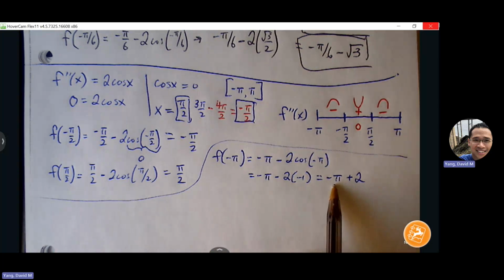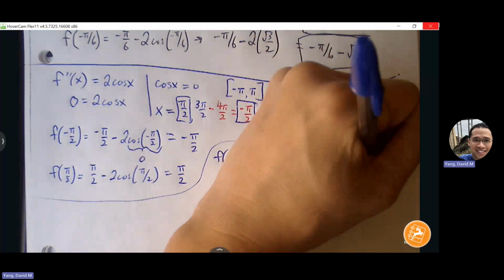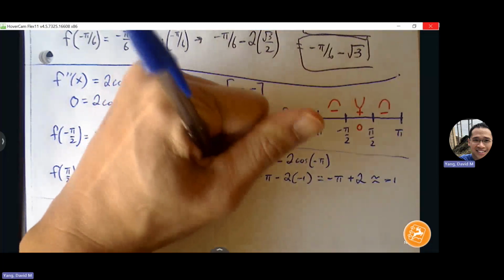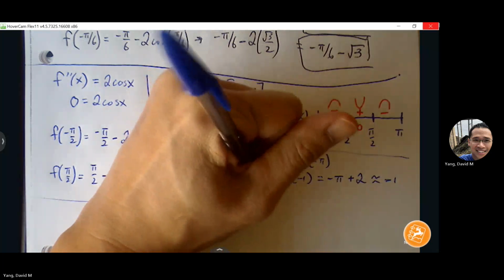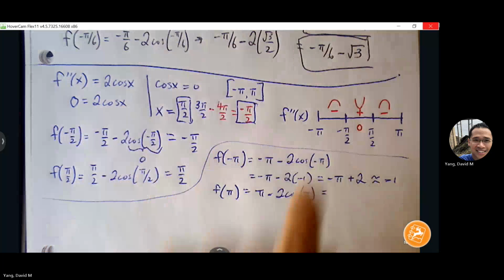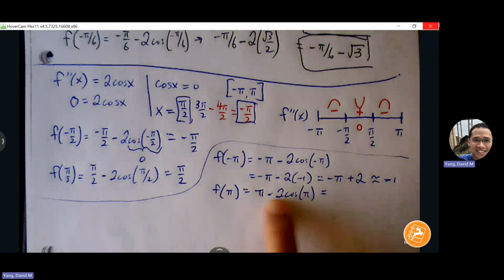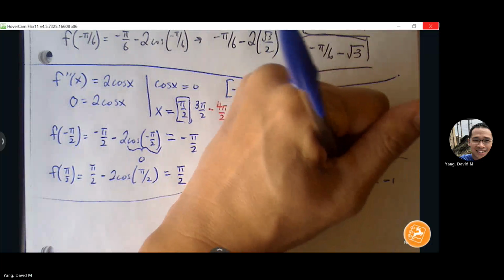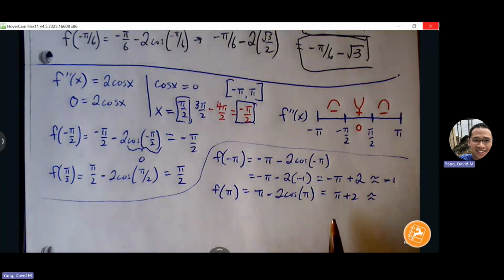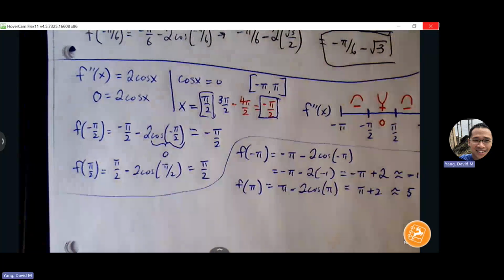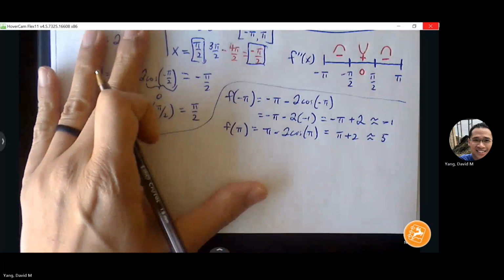This is -3-ish plus 2. It's around -1. But you can also plug it in the calculator as well. Cosine of pi is -1 again. So pi plus 2. Pi is around 3-ish. So 3 plus 2 is around 5. Just so I can have something to look at when I graph.